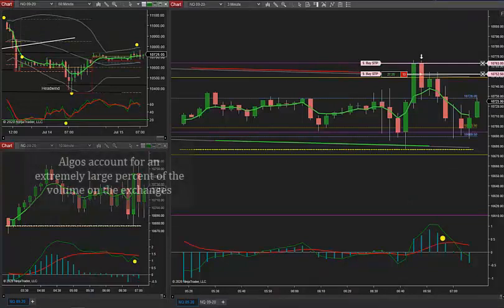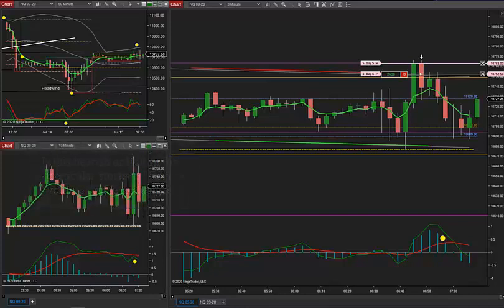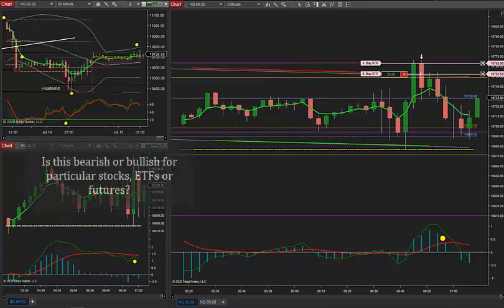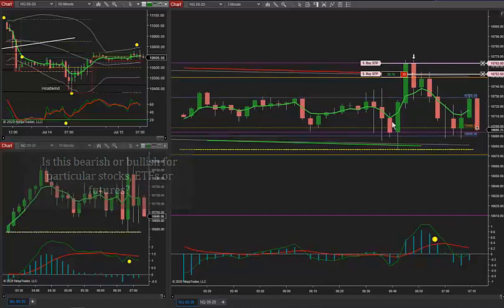The fourth question I ask is, how might the algos react to this new catalyst or news? Yesterday, the algos decided it was buy on the dip. Number 5, where's the trade? Who will benefit or suffer from this new catalyst, this new event, this new information? And that can be for individual stocks, it can be for the market as a whole.